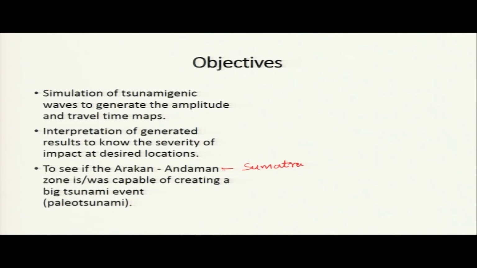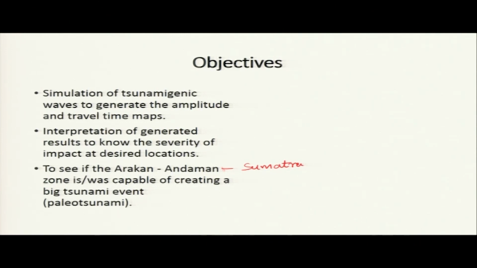Here I am going to get into some of the case studies which I personally have carried out in my lab, and I am going to show some results of how I have generated the tsunami waves and the travel time maps, and interpret on the basis of those how prone our east coast of India is to tsunami.